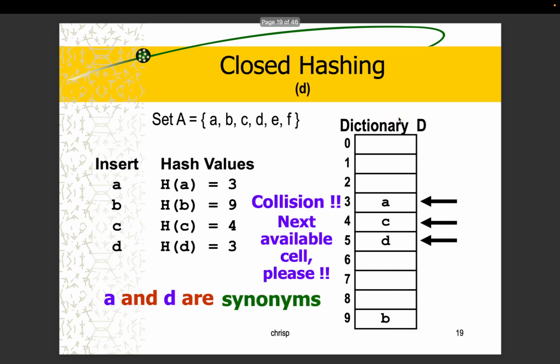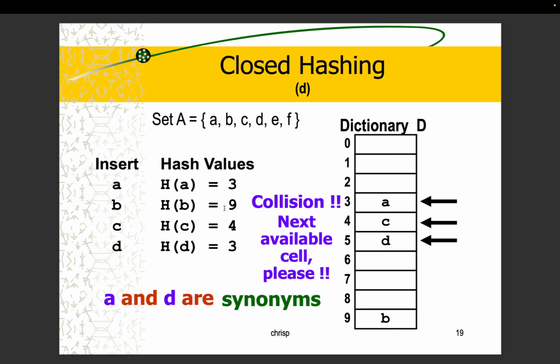So the logic for closed hashing is very simple. Insert the element at the index where you hash. Insert A at index 3. If there is no element already there, insert. If there is, go to the next available cell and keep going to the next cell until you find an available space.